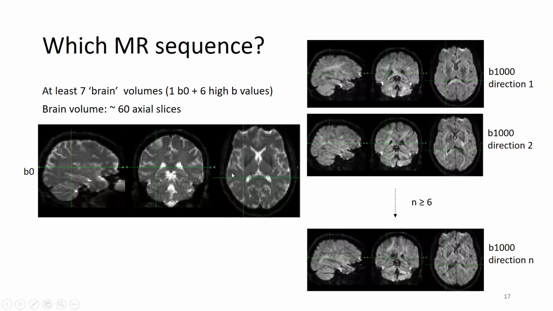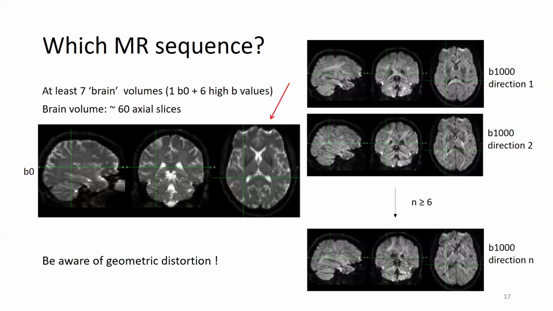So this is the B0, and then I have a B1000 shown here. This is in, say, direction 1. Here is direction 2, and at least 6 or more, or 30 or 24 directions. So I have images with different diffusion directions.